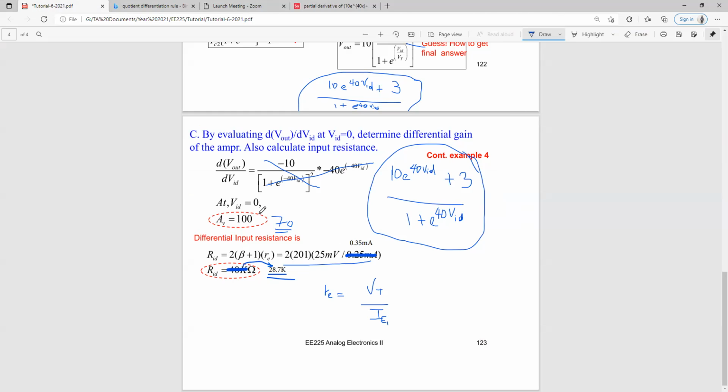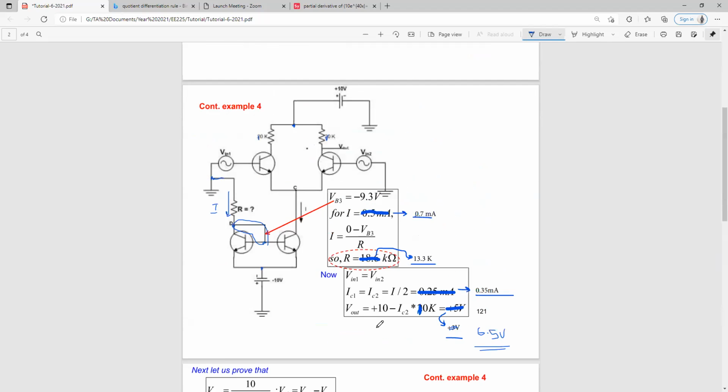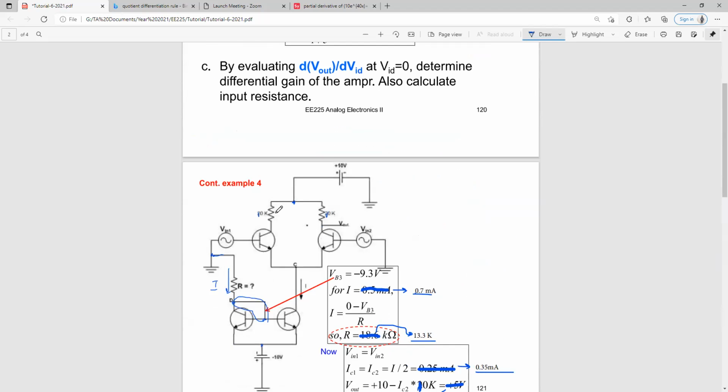Next, we are also supposed to calculate the input resistance. Our input resistance is given by 2 into (beta plus 1) into small re. Our small re is given by VT divided by IE. Since this particular circuit is symmetrical, this I value is split equally between the two IE's, so half of this is my IE1.